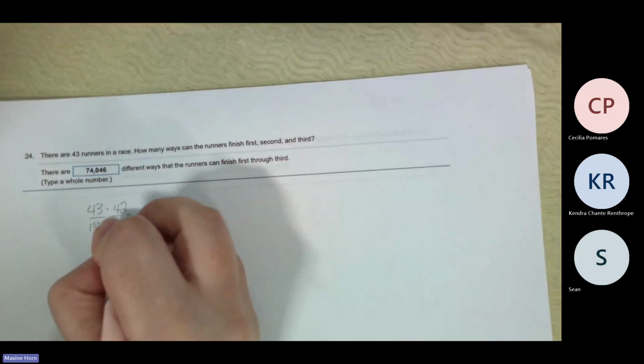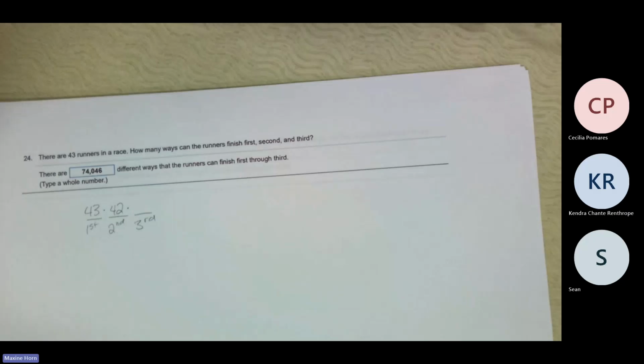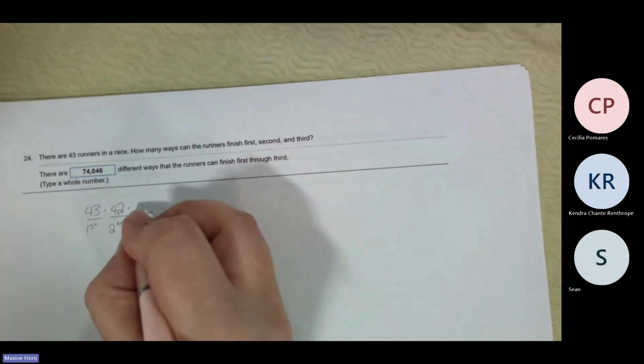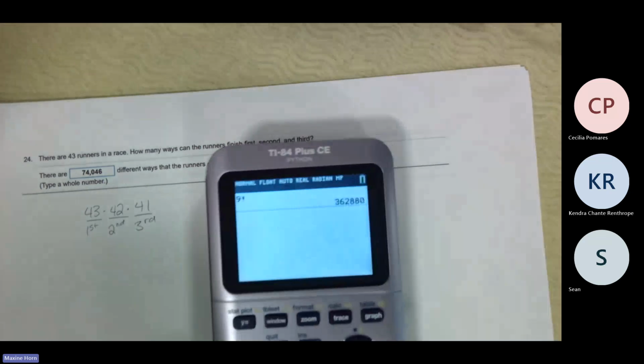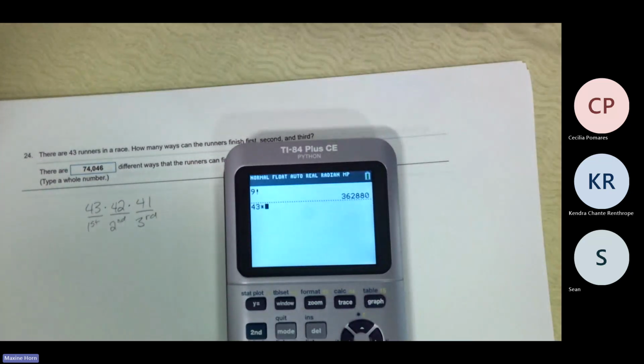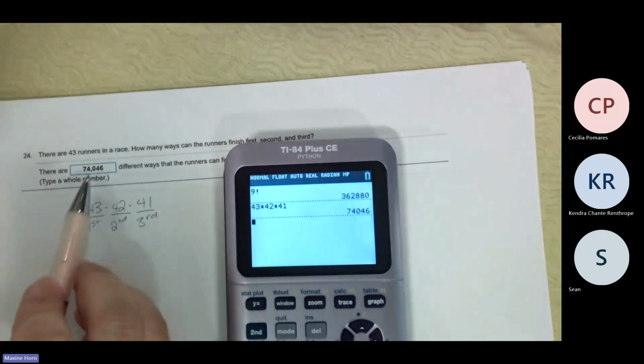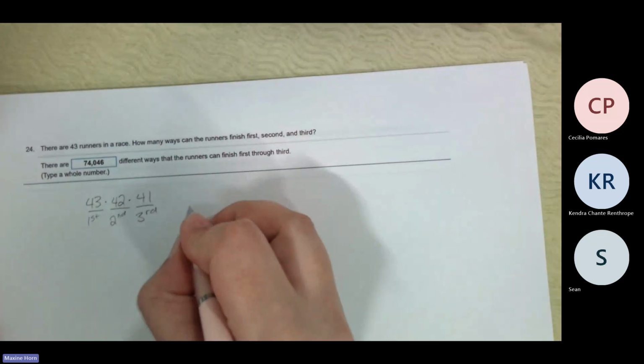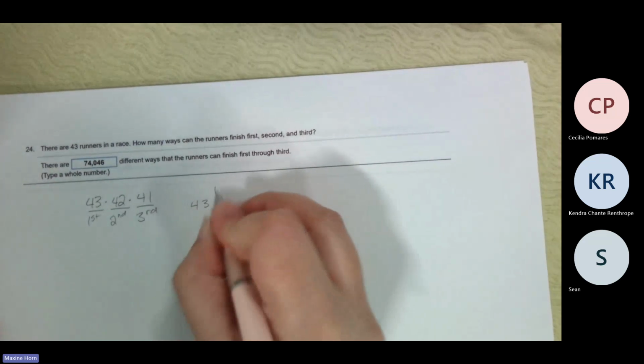So there's only 42 options for second place. And then once you have first and second place set, there's only 41 options for third. Okay, so if we plug that in, 43 times 42 times 41, we get 74,046. Right, that's one way you could do it. Another way you could do it is by saying this is a permutation, so we're going to do 43 P3.